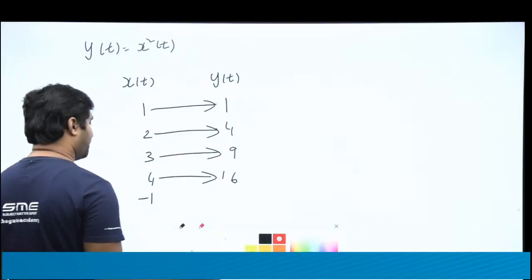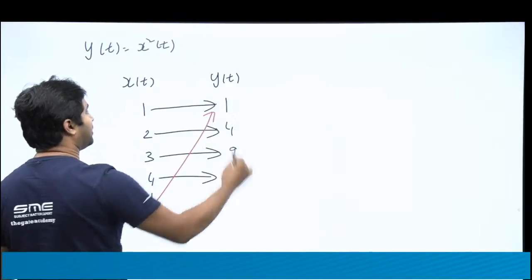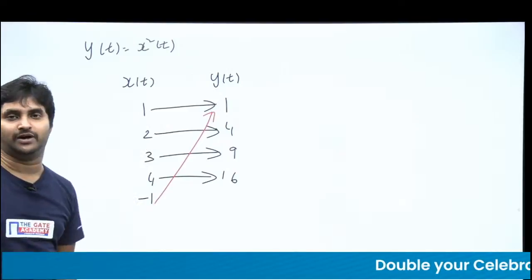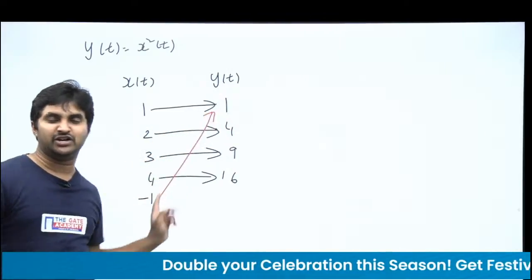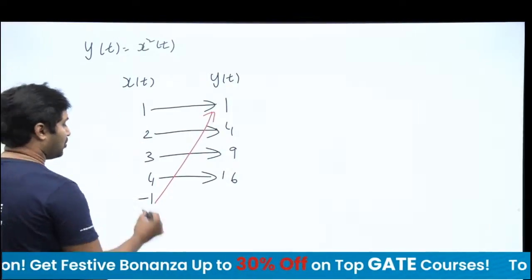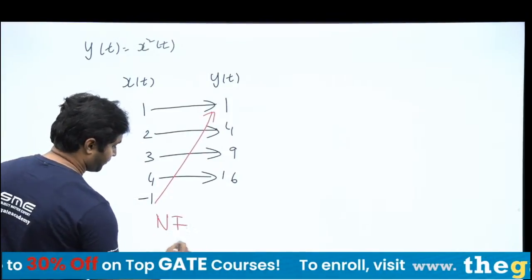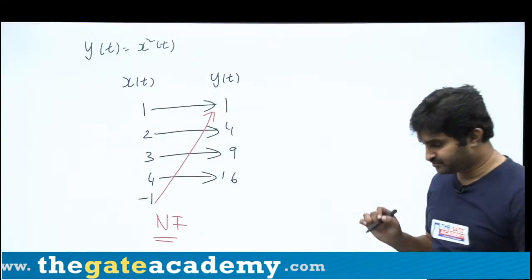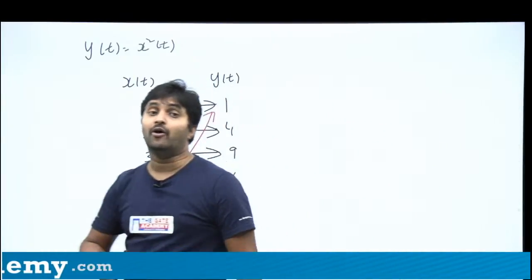But the moment I give minus 1, I get back 1 again. It means 1 is leading to 1, and minus 1 is also leading to 1. This system is a non-invertible system.